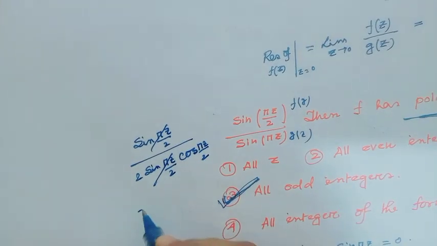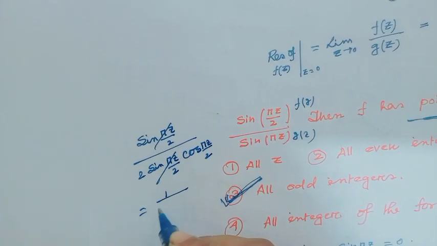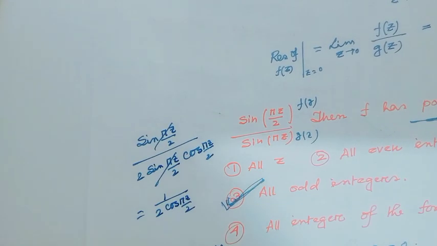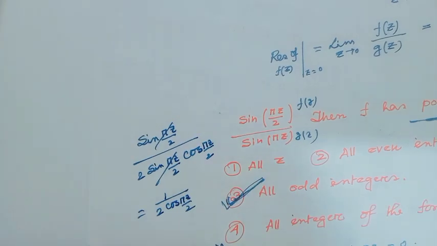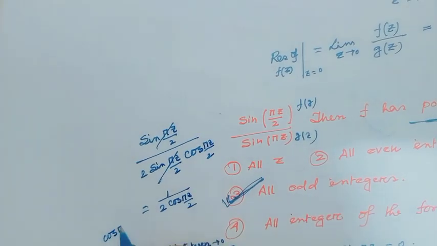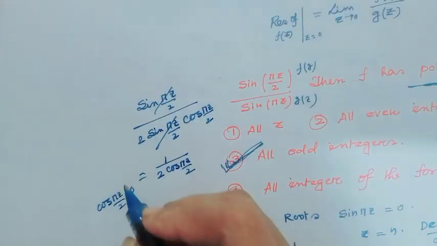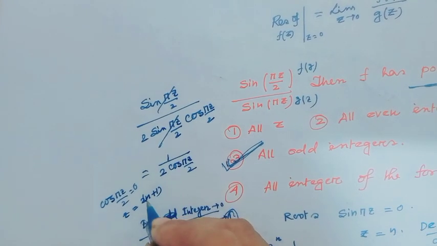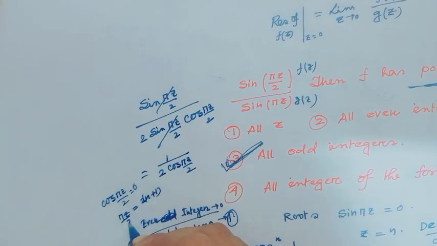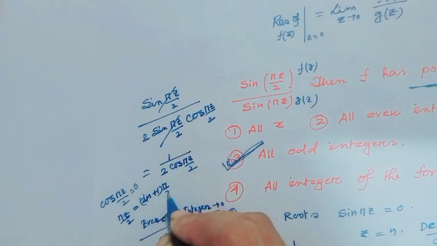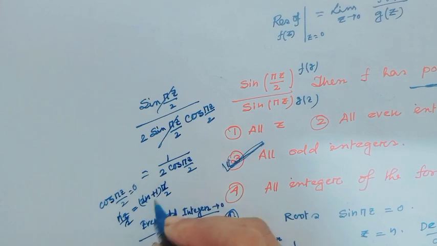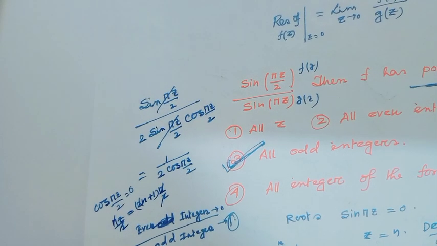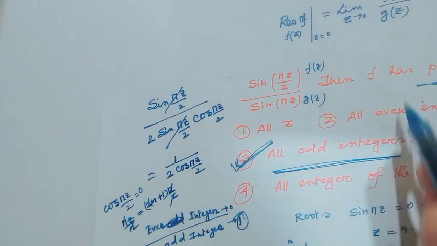That means this is 1 over 2 cos(pi z over 2), and this is equal to 0 when cos(pi z over 2) equals 0, that is pi z over 2 equal to (2n plus 1) pi by 2. Here pi by 2 is cancelled, z equal to 2n plus 1, which is an odd integer. So for all odd integers f has poles.